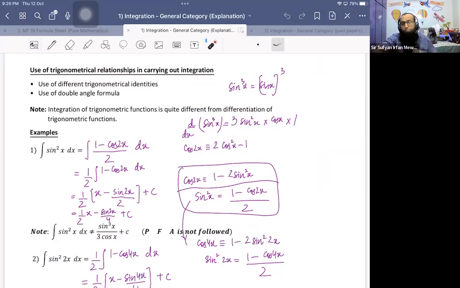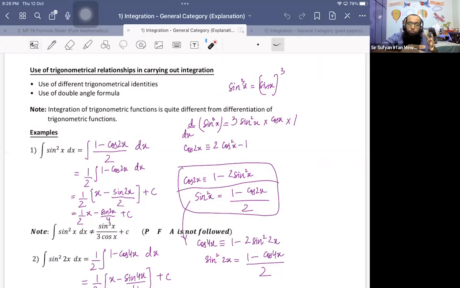What does this mean? At times, we have to use the double angle formula to integrate. And at times, in part number 1, the examiner will ask us to prove an identity. Now, proving identity questions were there in the trigonometry topic as well. However, those questions were very few.